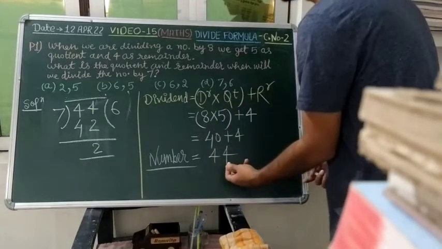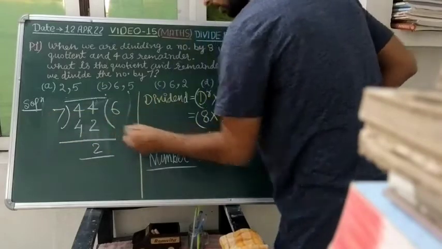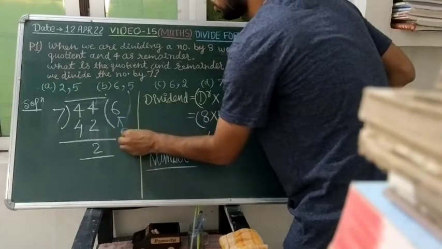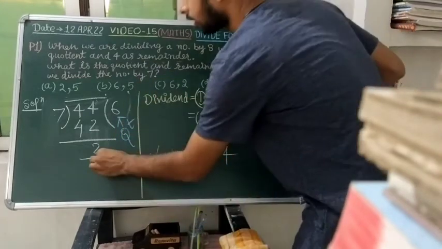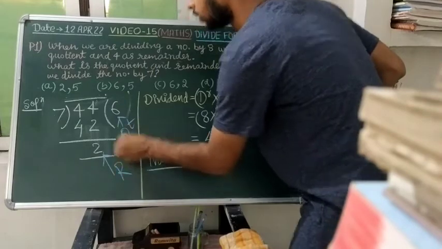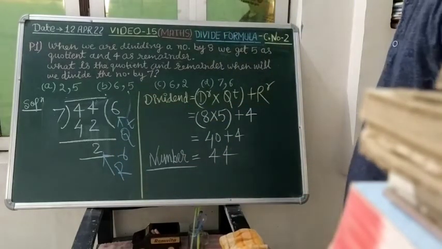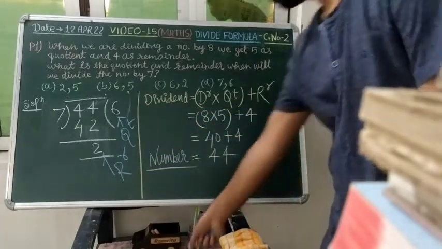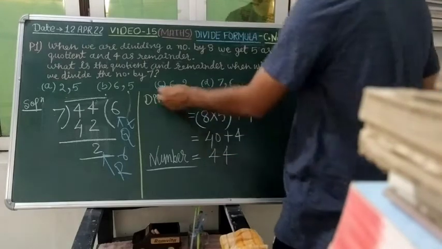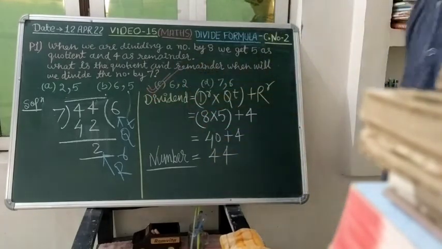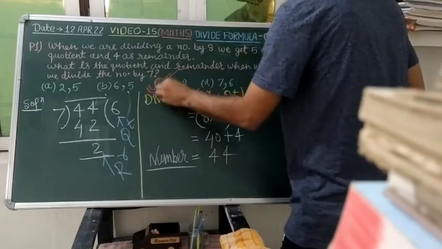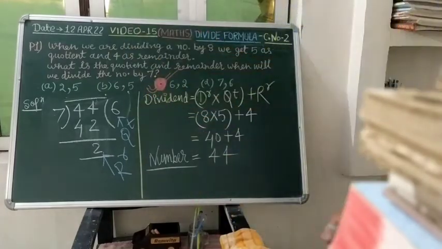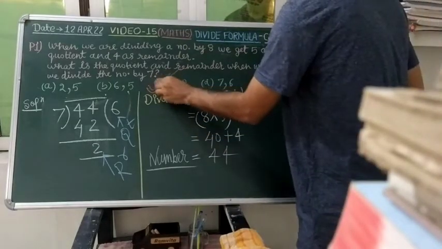So when you divide that number by 7, the quotient is 6 and the remainder is 2. So you can see that option C should be correct. C will be the correct answer.